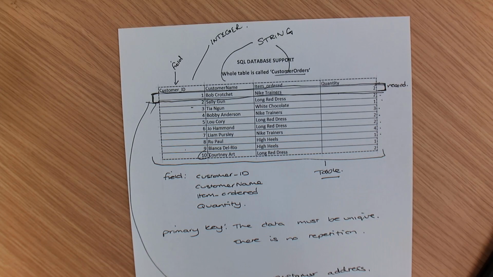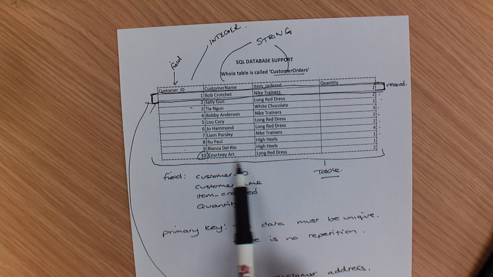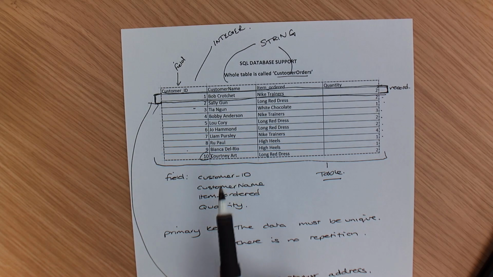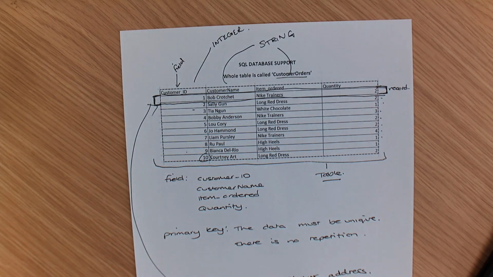Anytime you see letters and numbers, again, it is a string. If I see a telephone number, what is it? No, it's not an integer. It is a string.